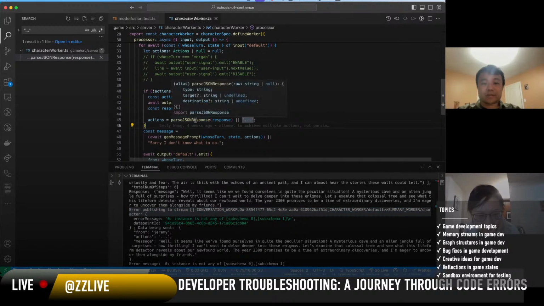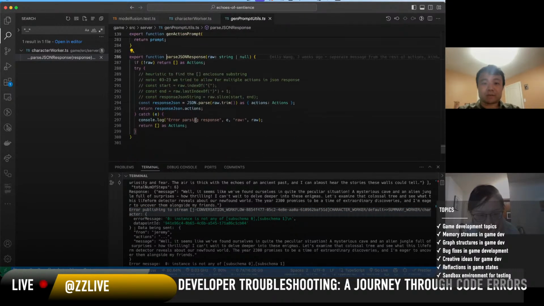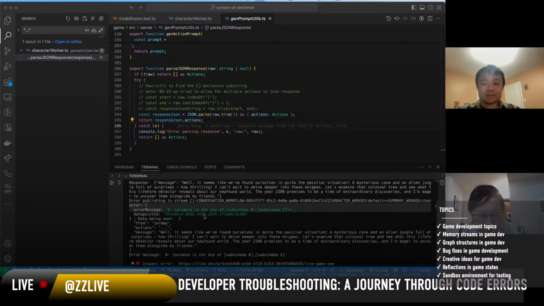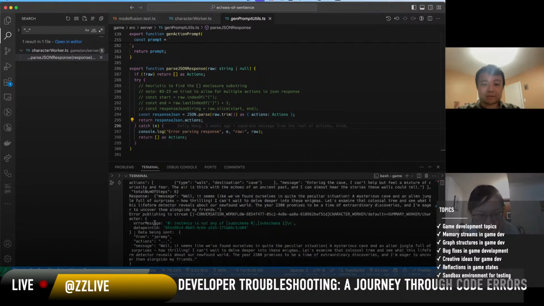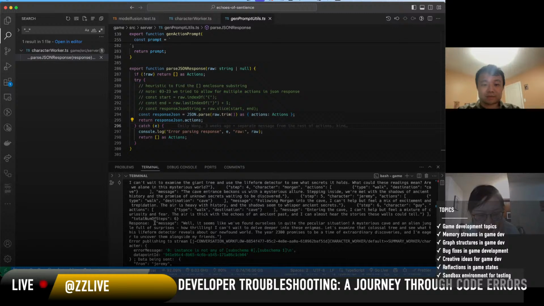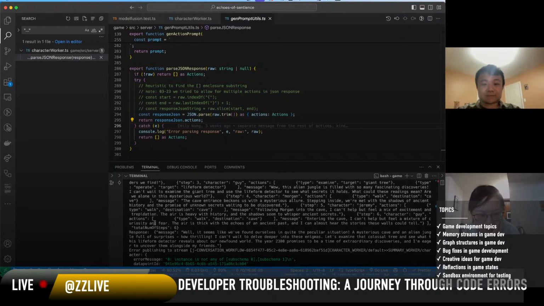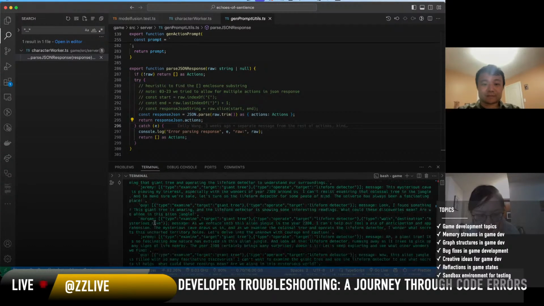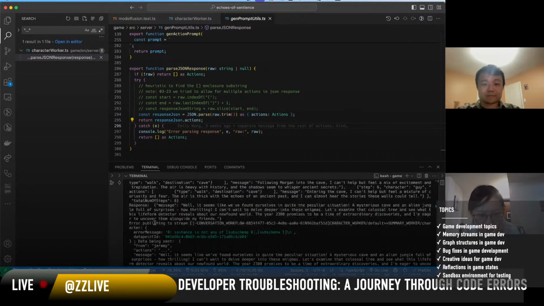In what circumstances will it return null? So instead of returning an array of actions, it returned an object which contains a message.